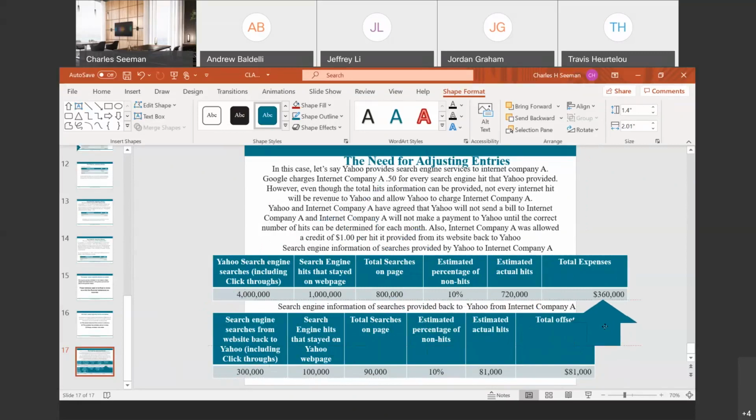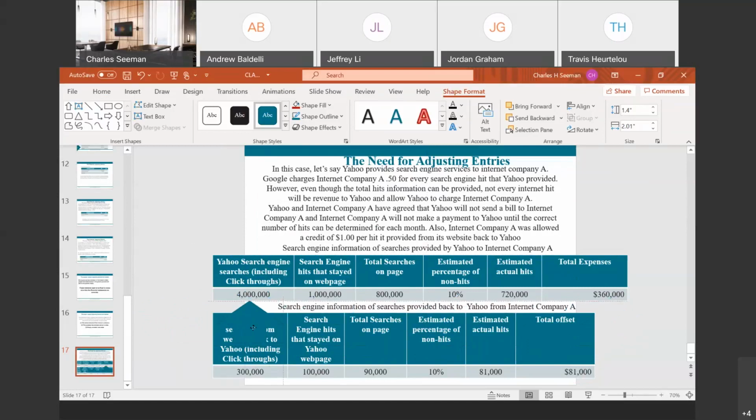Instead of doing all that and having that mess, we wait until the actual numbers are determined, and then Yahoo sends me a bill. However, I did get some revenue from these 4 million hits, or I did incur some expenses for these 4 million hits. Some of these people did come to the site, and I'm going to owe Yahoo money for some of them.